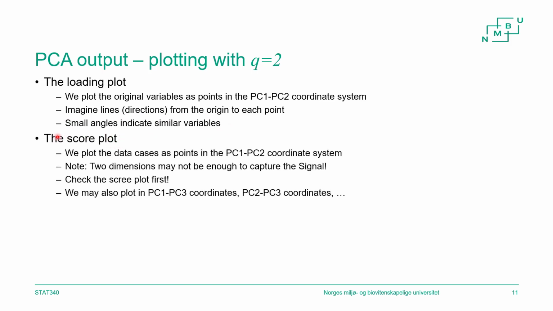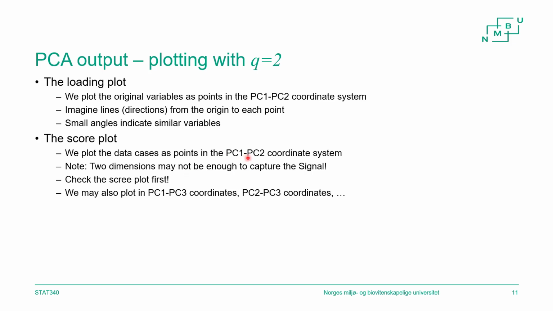The score plot. The score plot is much more common to see, and this is what people often call a PCA plot. Here we plot the original data cases, but now in the new coordinate system. And this is where we typically plot PC1, PC2, right? That's also the case up here, because 2 dimensions is easy to understand. But remember, 2 dimensions may not be enough to capture the whole signal, so please remember that whatever you see here is not the full story.